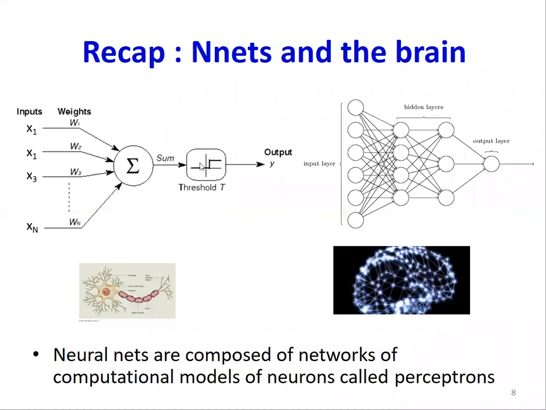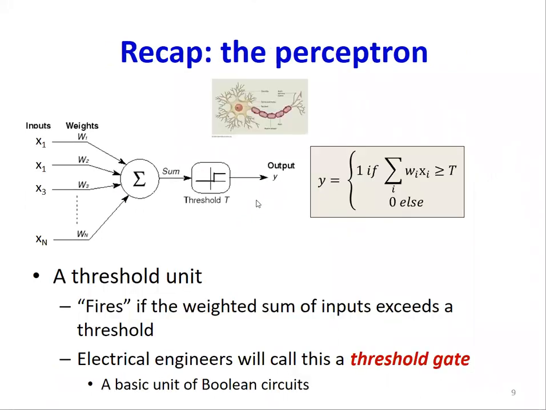The basic unit is the perceptron, which looks something like the figure to the left. It has a number of inputs, and it computes a weighted sum of these inputs. If the weighted sum exceeds a threshold, the neuron fires, otherwise it does not. So the perceptron, this basic unit, is what is called a threshold unit. If you're an electrical engineer, you'll recognize this as a threshold gate.